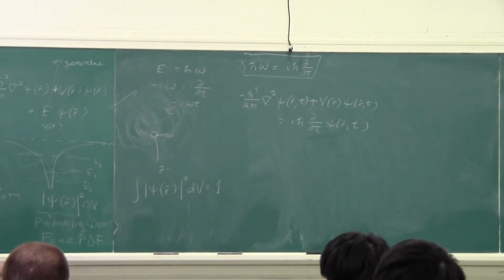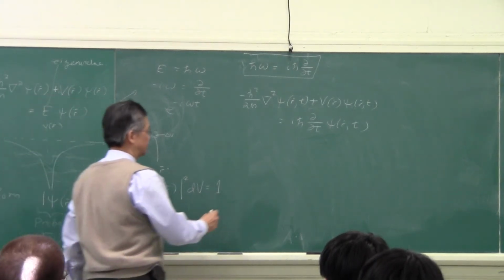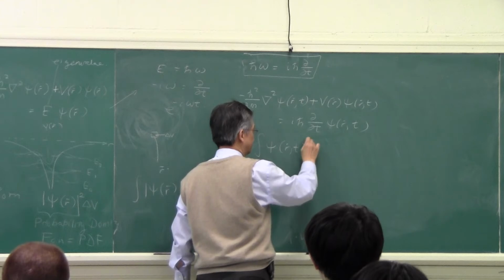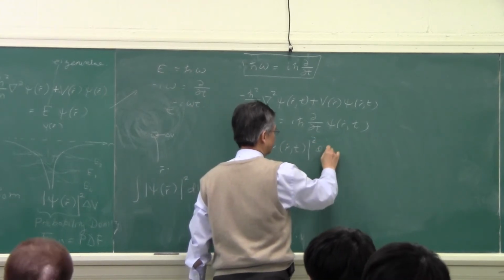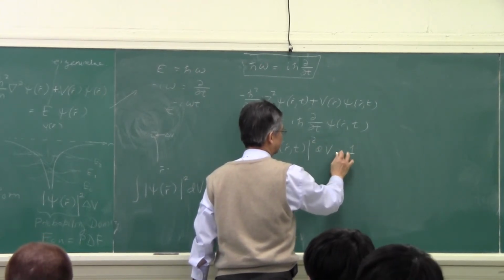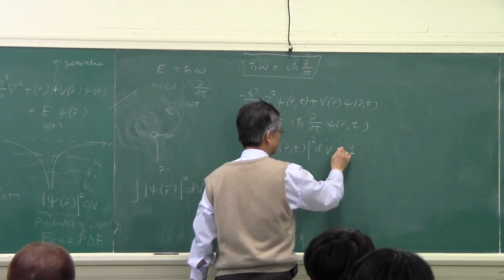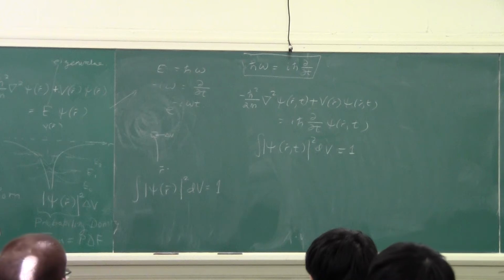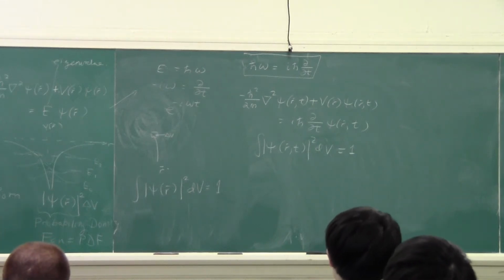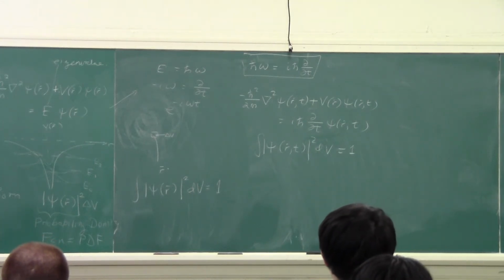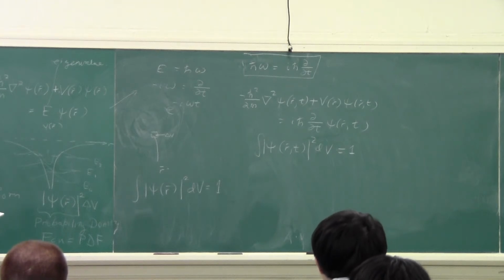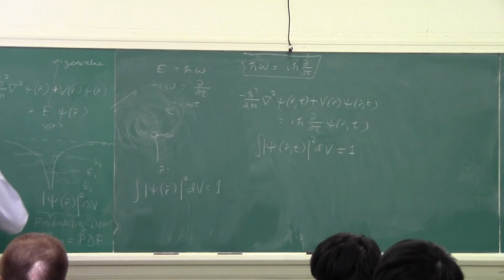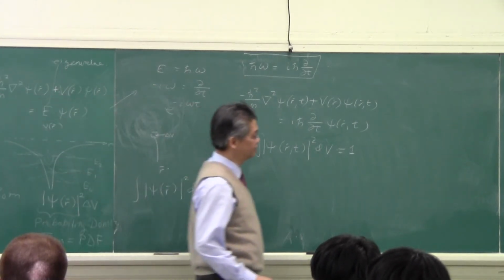Okay? And this is also true for time-dependent wave functions, that at a given time, this thing has to integrate to 1, because this has a probabilistic interpretation. So, we can write the Schrodinger equation in a very suggestive fashion.